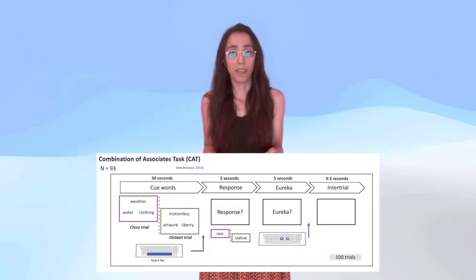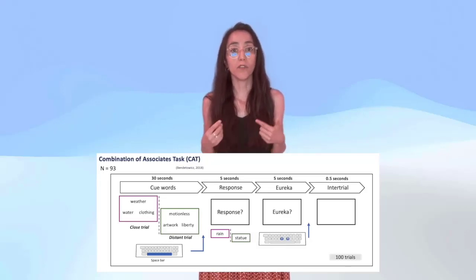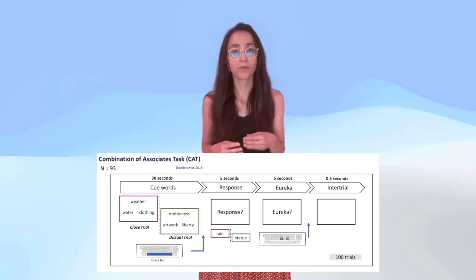The participants were given 30 seconds to solve each of the trials, and they were asked to type the response. We also asked them to report if they solved the different trials by the feeling of eureka or insight.